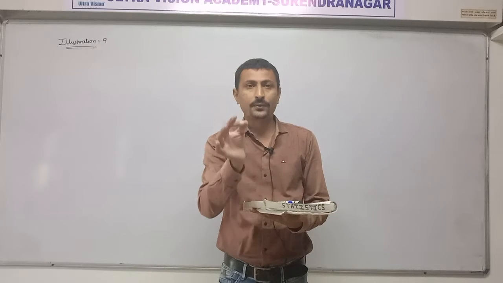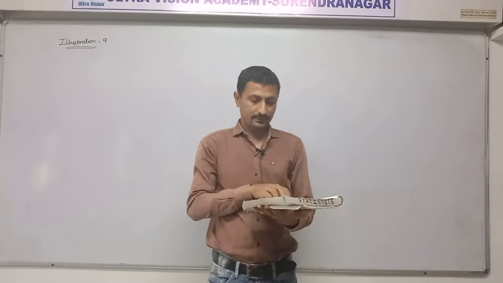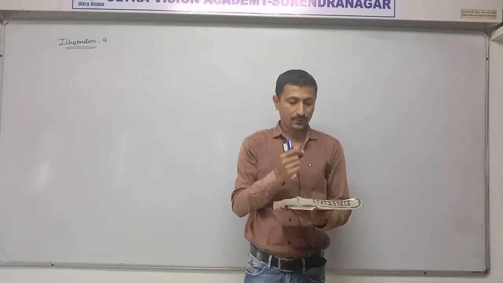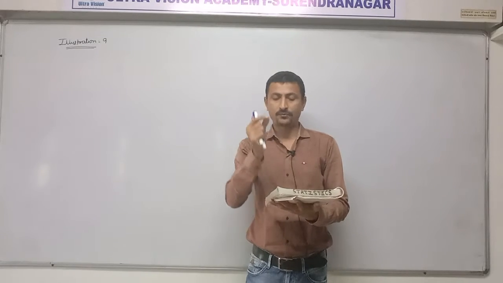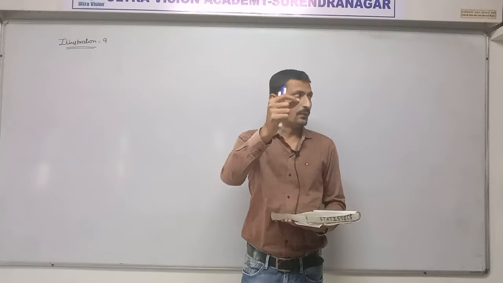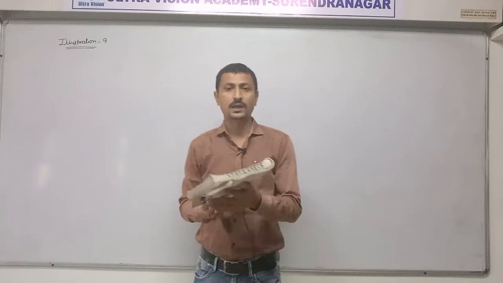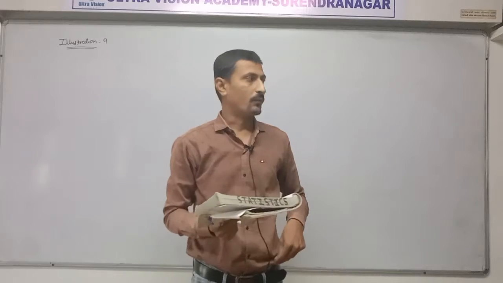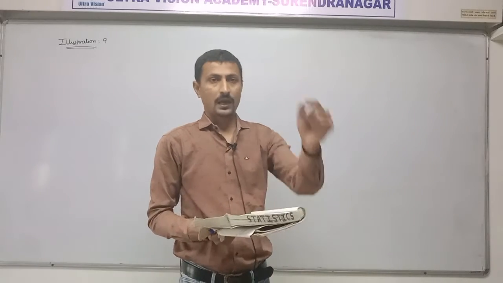Less than type cumulative frequency distribution data is given: less than upper boundary point weight and less than type cumulative frequency. Check it: the first value is 0 and the last value is the total number of persons, 50.